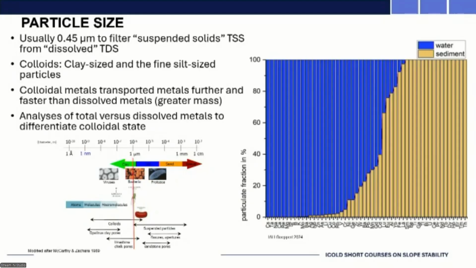Certainly, I was recently at the IIH conference in Davos, and people are saying this is a really hot topic, what to do about this colloidal bit, which kind of falls in the cracks between real sediments and dissolved stuff. And I think the point I'm trying to make is, if you look at this graph here, some of these metals, in fact, a lot of these metals, are happier to be more attached to sediment colloid and in a colloidal form than some of the others which are more easily dissolved.